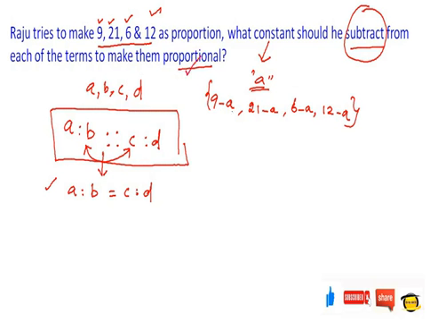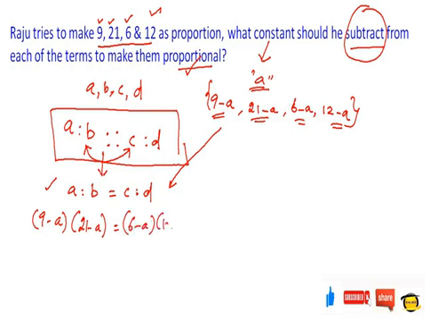Now let's assume that these are the 4 terms and we can substitute them in the given condition. So in place of A, it's 9 minus A. In place of B, it's 21 minus A, and that is equivalent to 6 minus A times 12 minus A, right? Now let's expand this.